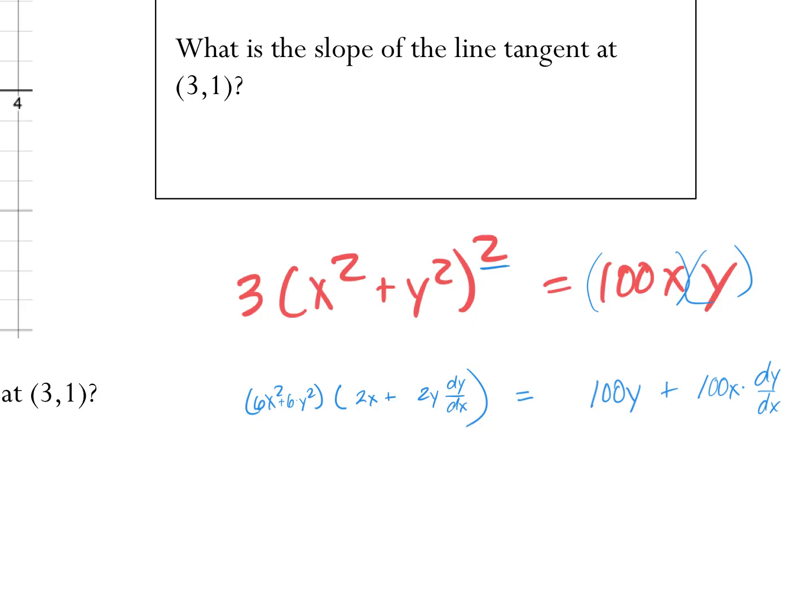So for instance, I can do that, right? I get 12x cubed. And what is 6x squared times 2y dy/dx? It is 12x squared y dy/dx. Plus 12xy squared plus 12y squared dy/dx.